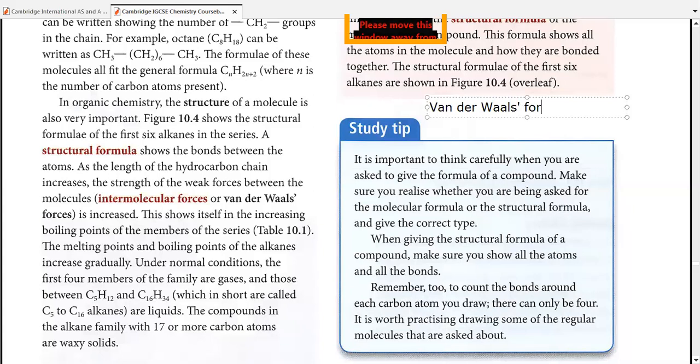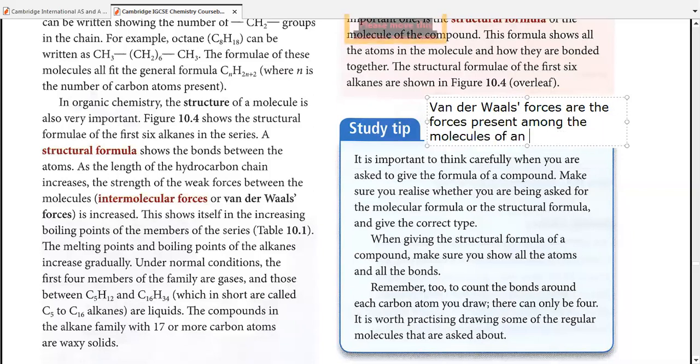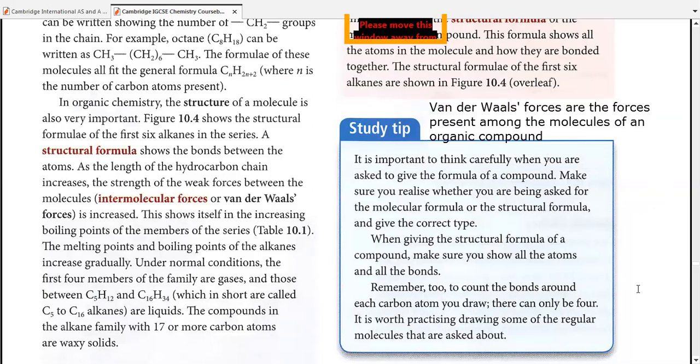Van der Waals forces are the forces present among the molecules of an organic compound. Okay, so that's how you can write it in your book. Are we clear?